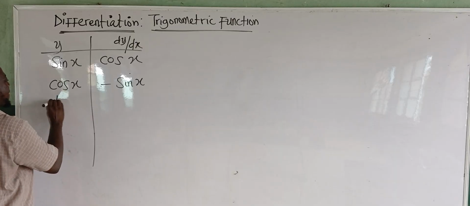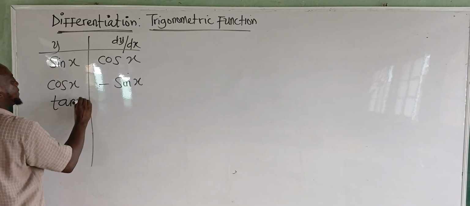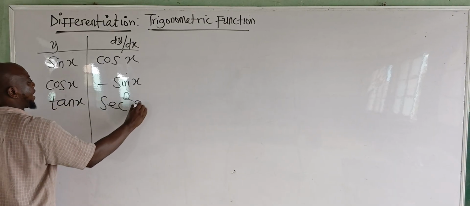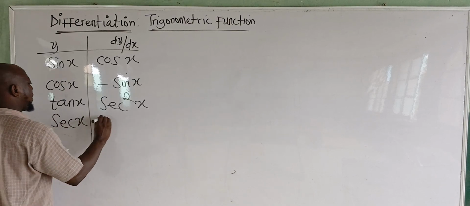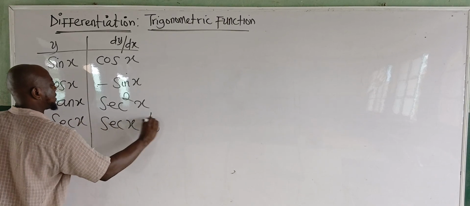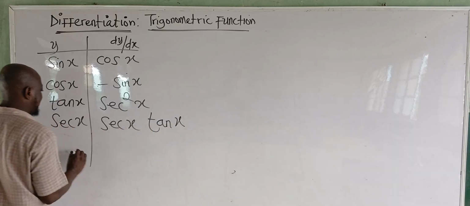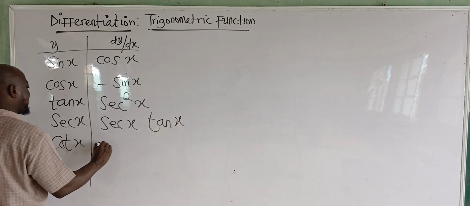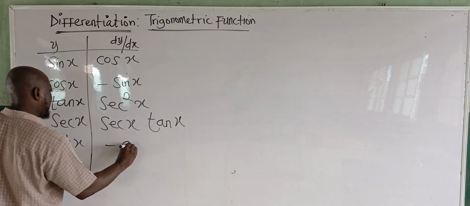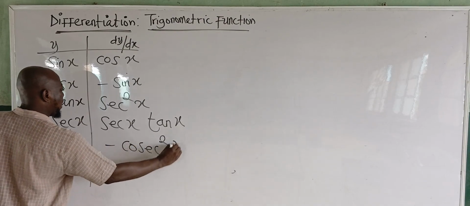If I have tan x here, I will have sec squared x. If I have sec x here, I will have sec x tan x. If I have cot x here, I will have minus cosec squared x.